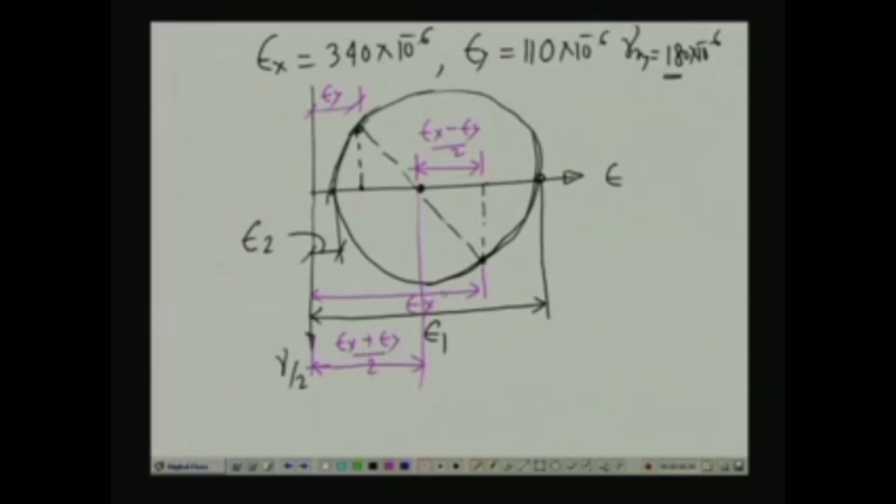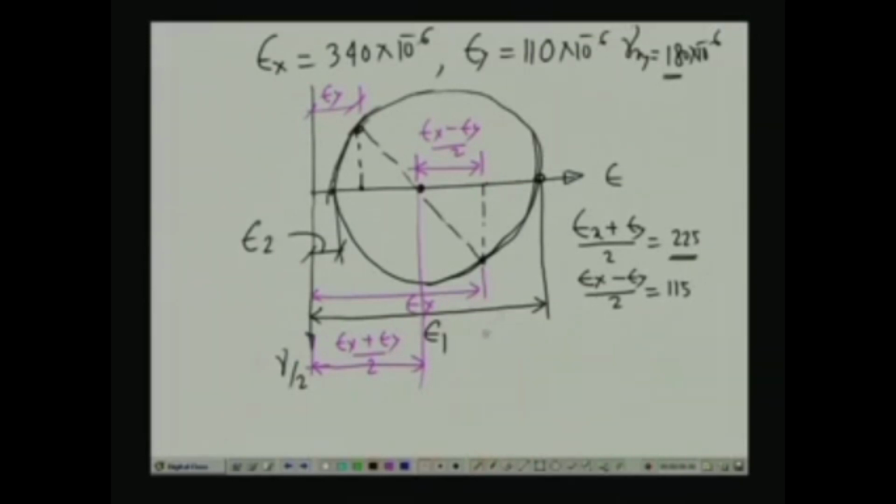Now, if we calculate the values, epsilon x plus epsilon y by 2 is equal to 340 plus 110, 450, which means 225 into 10 to the power minus 6. I am keeping 10 to the power minus 6 silent for the time being. And epsilon x minus epsilon y by 2 is equal to 230 by 2, which is 115.